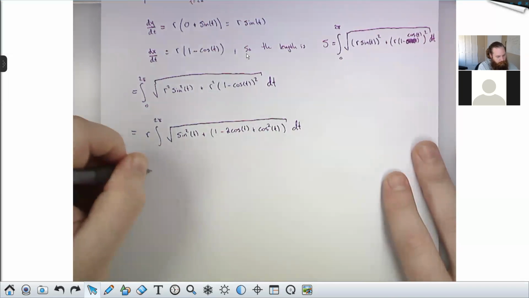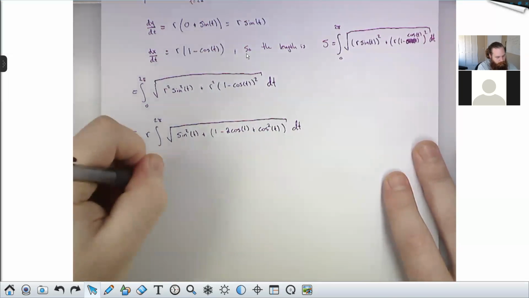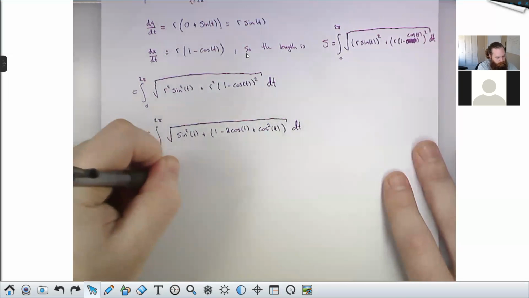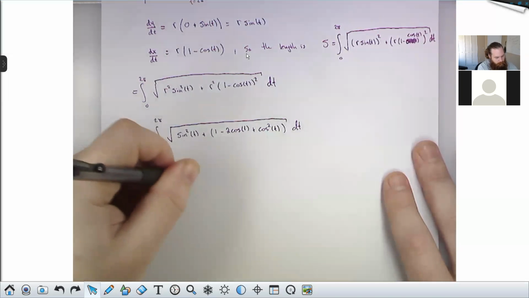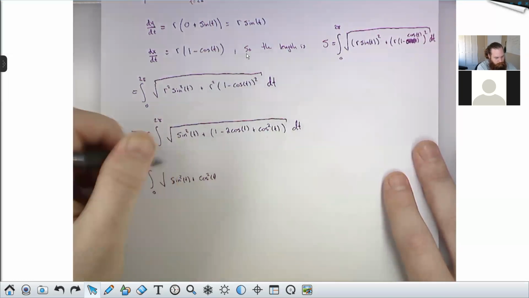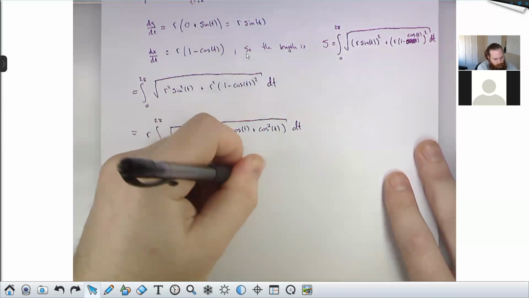That's equal to r integral 0 to 2 pi square root of sine squared plus cos squared, and then plus 1, and then minus 2 cos t.